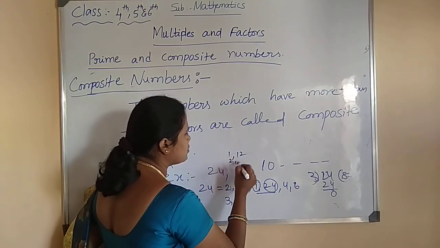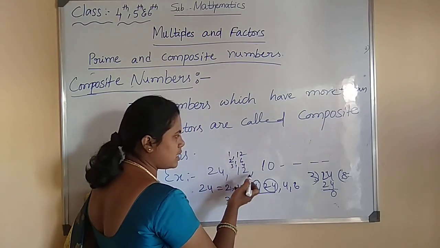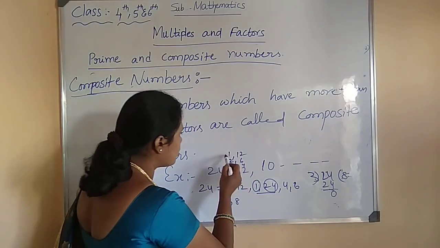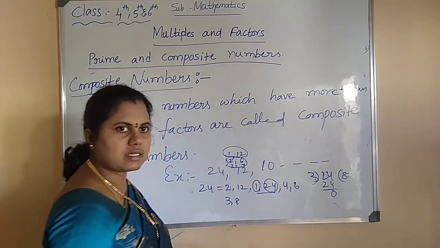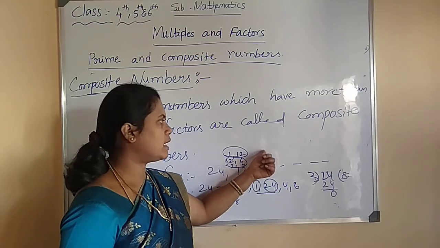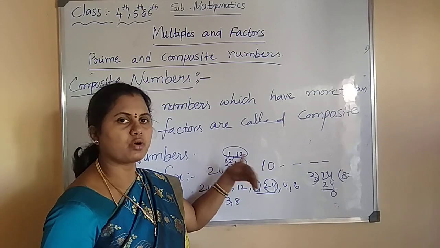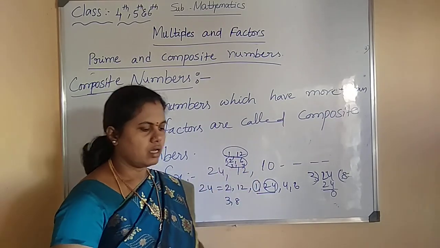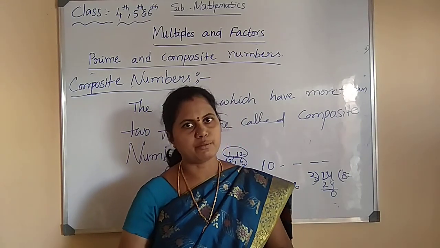And afterwards 2 sixes, 3 fours, 4 threes, 6 twos, it's completed. More than 1 and itself, 4 more factors are there. Then this is also a composite number. This one, 10: 1 ten, 5 twos are 10, 2 and 5. These are also factors. More than 2, these all have. Then the numbers which have more than 2 factors are called composite numbers.